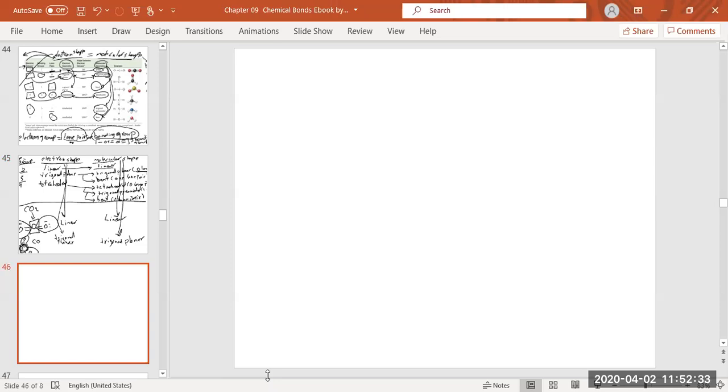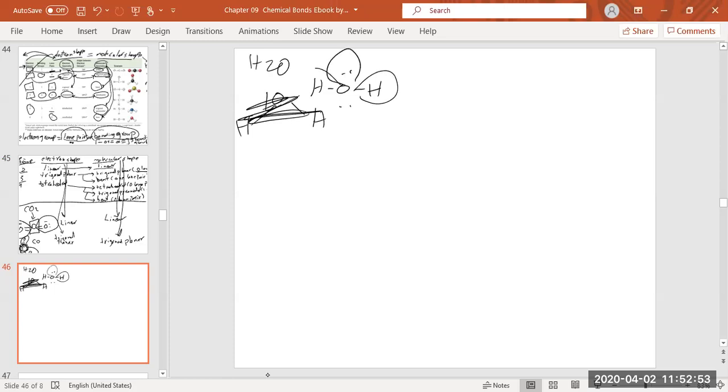Let's look at H2O. H2O has this Lewis structure. So it will be hydrogen, oxygen, hydrogen. This is the Lewis structure. Electron shape, we have 4 groups, 2 lone pair and 2 bonding groups. So 4, it will be tetrahedral.